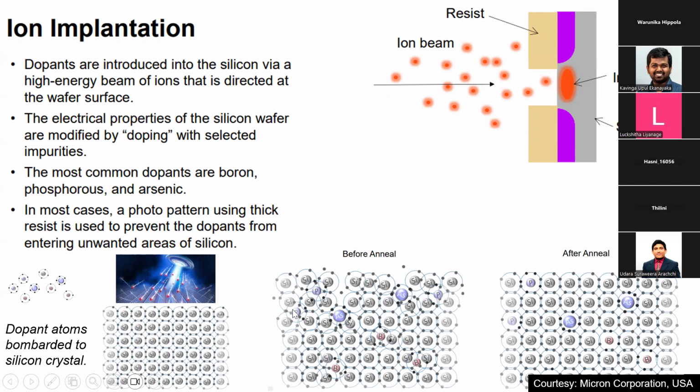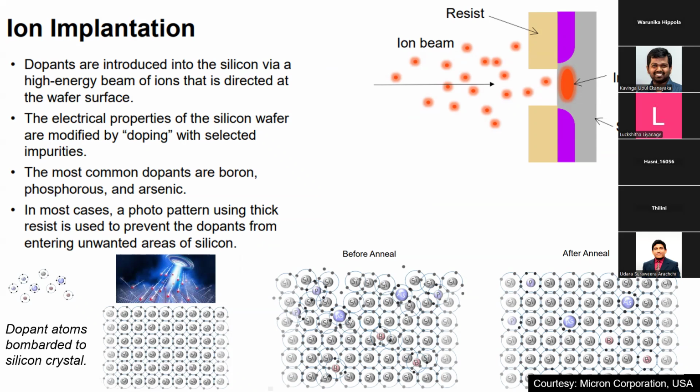Once we bombard them, we replace the silicon lattice with these arsenic and boron atoms, and we also break down the lattice to some extent, and then the lattice is kind of crushed because we are hitting it with really high energy atoms.